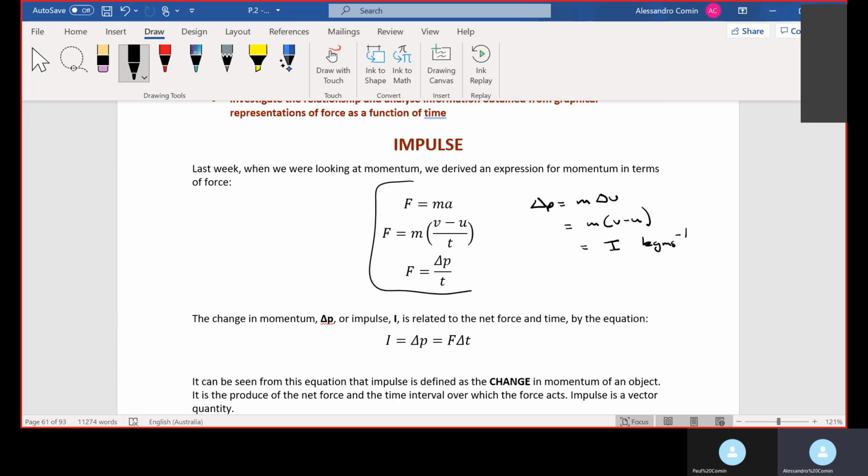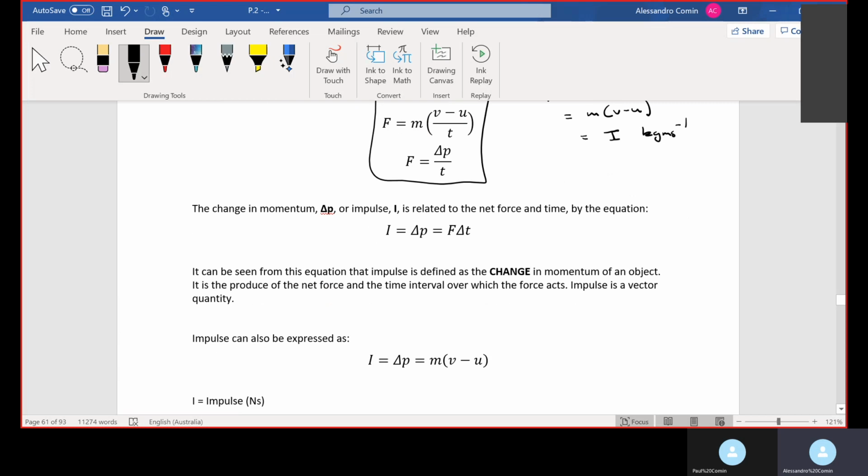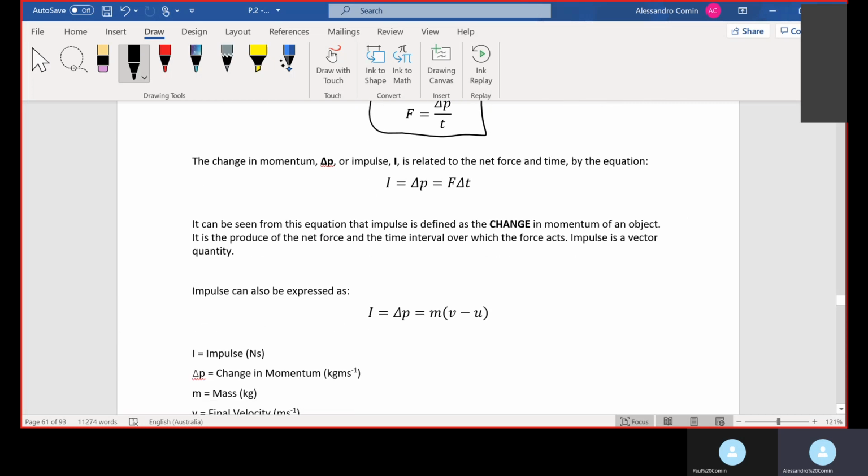And we get this very interesting equivalence out. So F is equal to ma, but ma is actually equal to delta p divided by t. And so we get two formulas. We get I is equal to m(v minus u), and we get I is equal to F delta t.